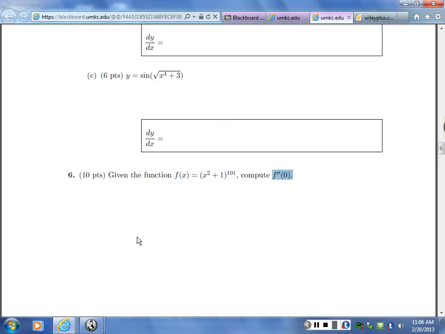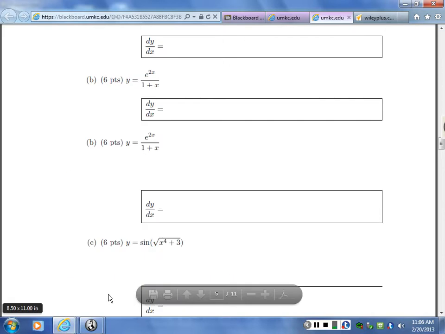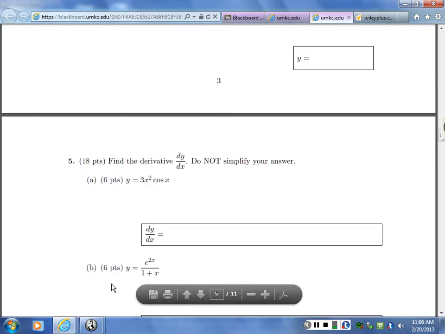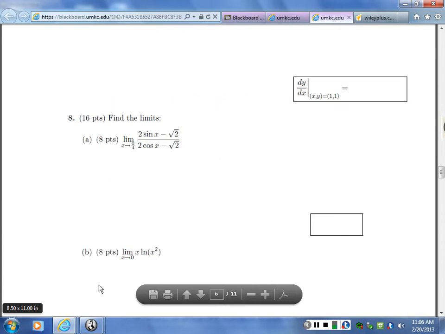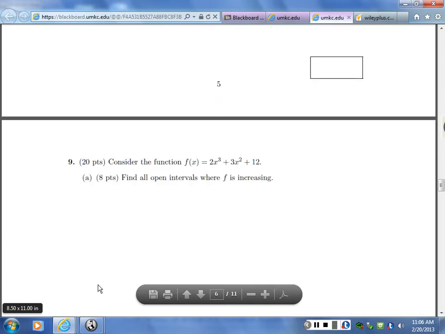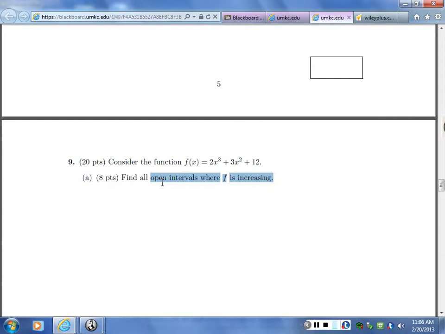I think, question? Is chapter 0 included in this? Chapter 0 is not included on the final exam. However, we will get to where we will talk about if a function is increasing or decreasing. And the way you evaluate that, you need to find the derivative and set it equal to 0. So if I find the derivative here and set it equal to 0, I have a quadratic.